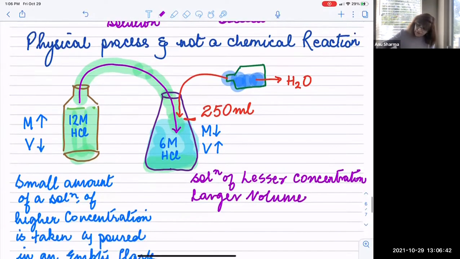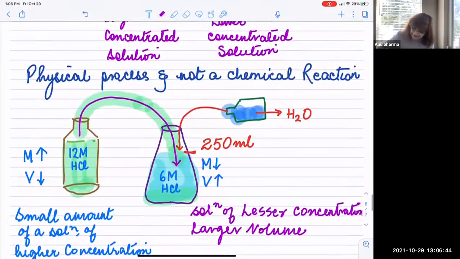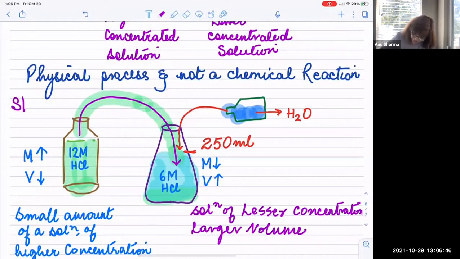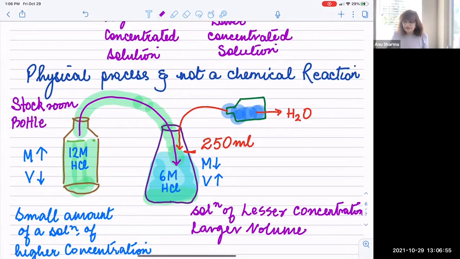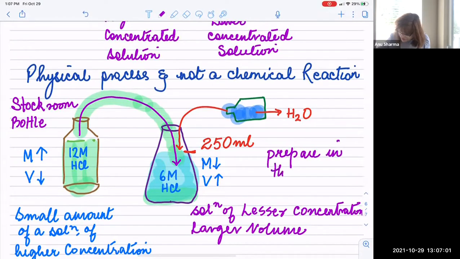Okay, so this is what it is. This is present in the stockroom. Stockrooms generally have it, or a larger bottle that comes from the vendors. And this is what you prepare in the labs.